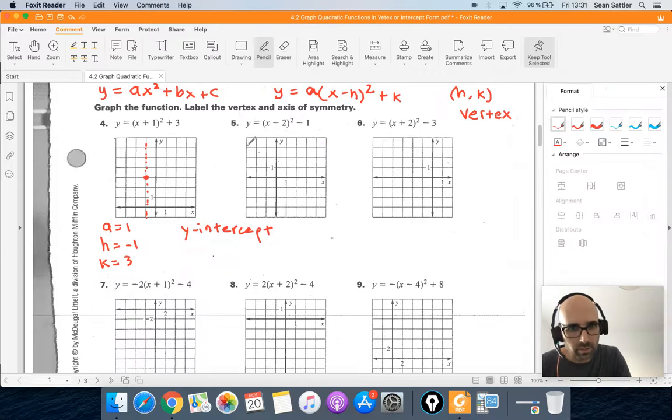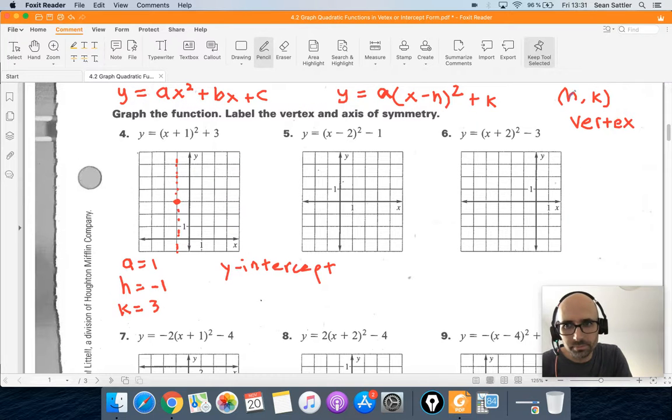So I'm going to plug in 0 into this function. So we get y equals 0 plus 1 squared plus 3. So 1 squared is 1 plus 3 is 4. So our y-intercept is at the point 0, 4.